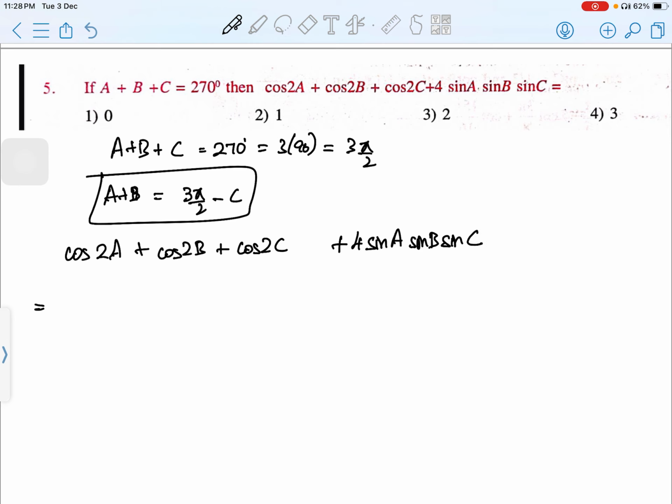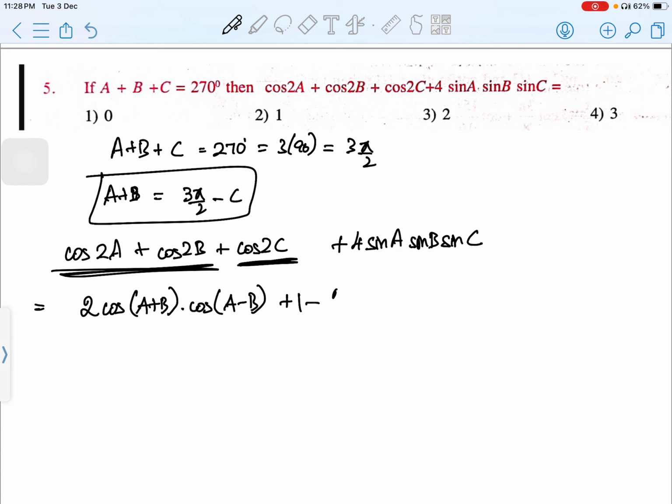For the first two, if you apply the formula, you will get what? 2 times cos of the addition of two angles divided by 2. If you do, you will get 2 times cos of A plus B into cos of A minus B. Then for cos 2c, we will get 1 minus 2 sin square C, plus 4 sin A, sin B, sin C. Now first one, a plus b is there right here.